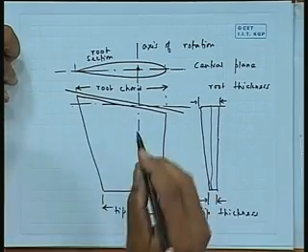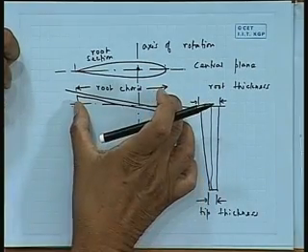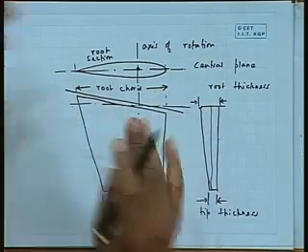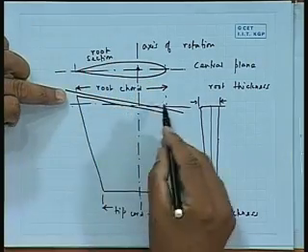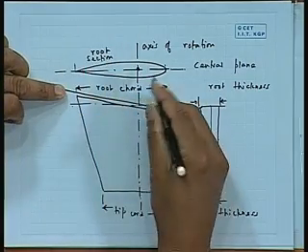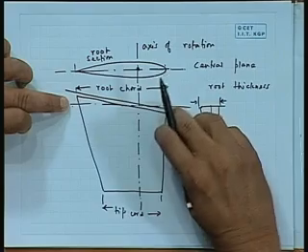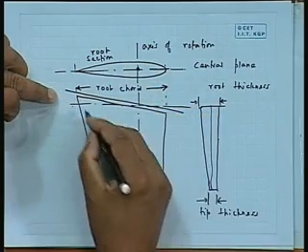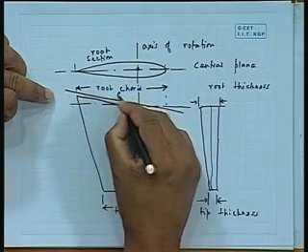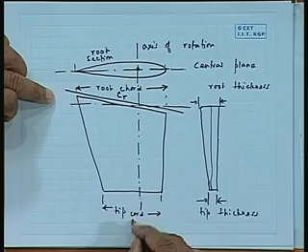And typically, there is a line defined for the geometry. Take a line at 1/4 of this distance here, let me call this CR. This root chord is say C root and this is say C tip.